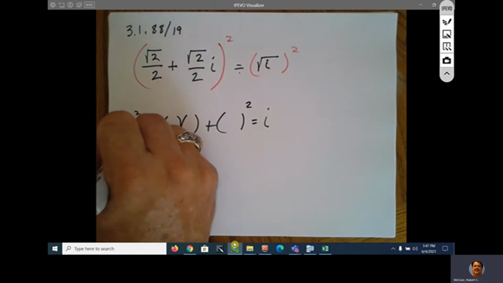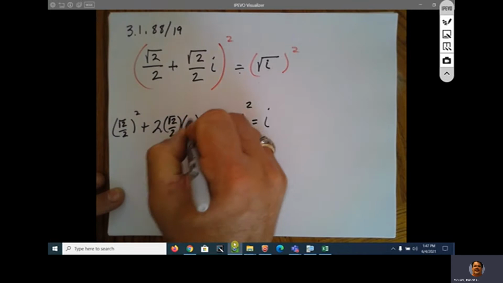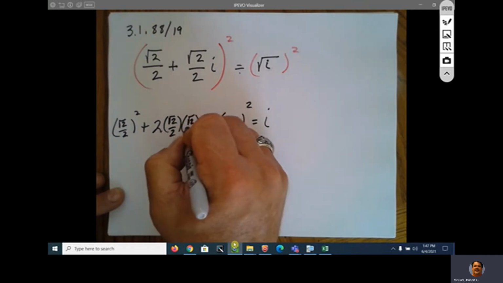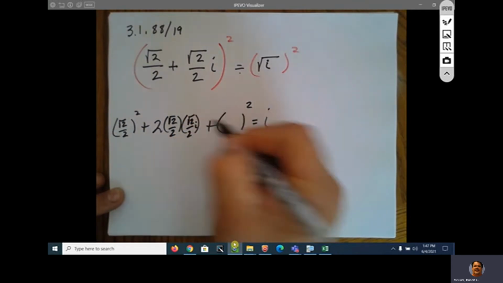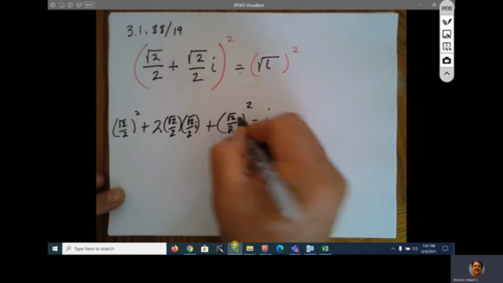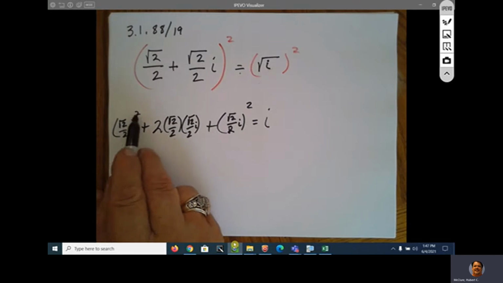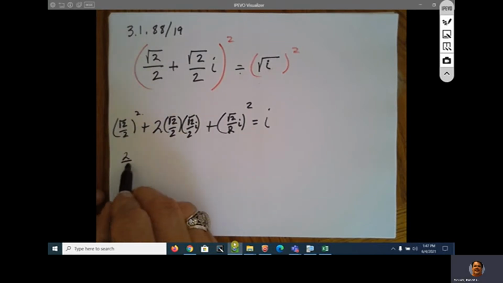So square root of 2 over 2, square root of 2 over 2, square root of 2 over 2i, square root of 2 over 2i. And what does this come out to be? Well, the square root of 2 squared is 2. 2 squared is 4.